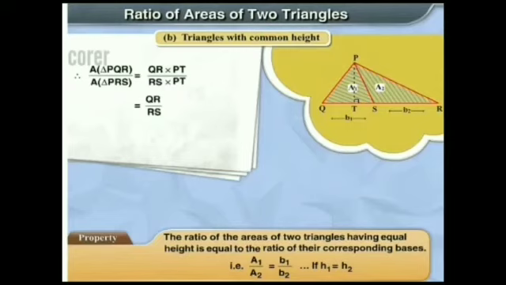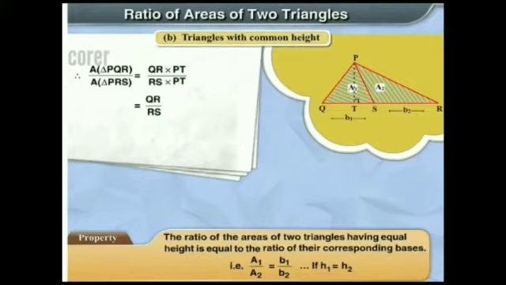A second condition is triangles with common height. We have two triangles, triangle PQR and triangle PRS. PT, which is height, is common for both the triangles.